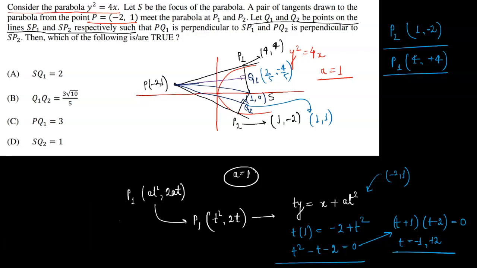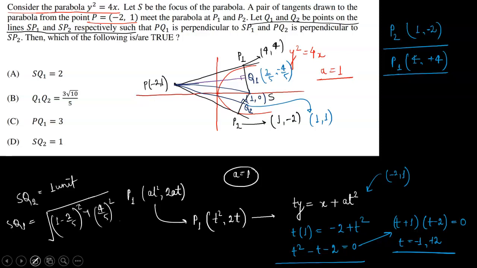So if you see SQ2, it simply has a distance of 1 unit. And for SQ1, you have 1 minus 2 by 5 whole square and 4 by 5 square. So it will be 9 by 25 plus 16 by 25, which is 25 by 25, so it will also be 1.